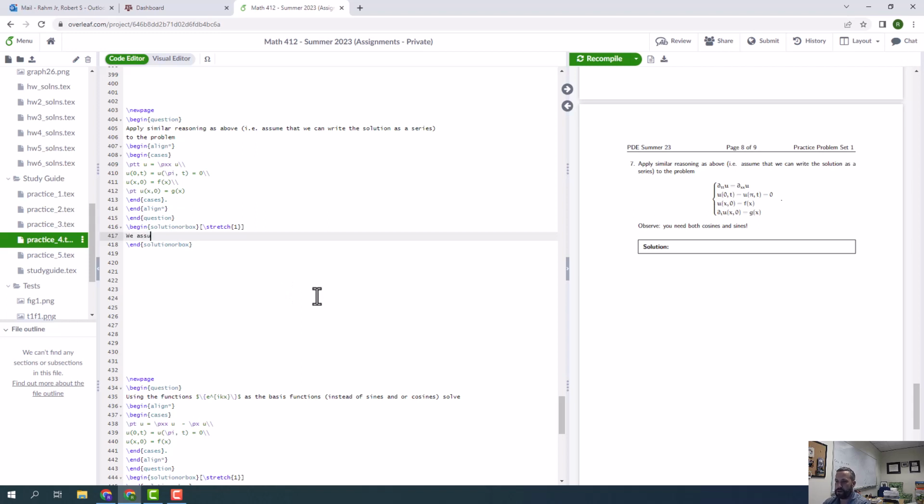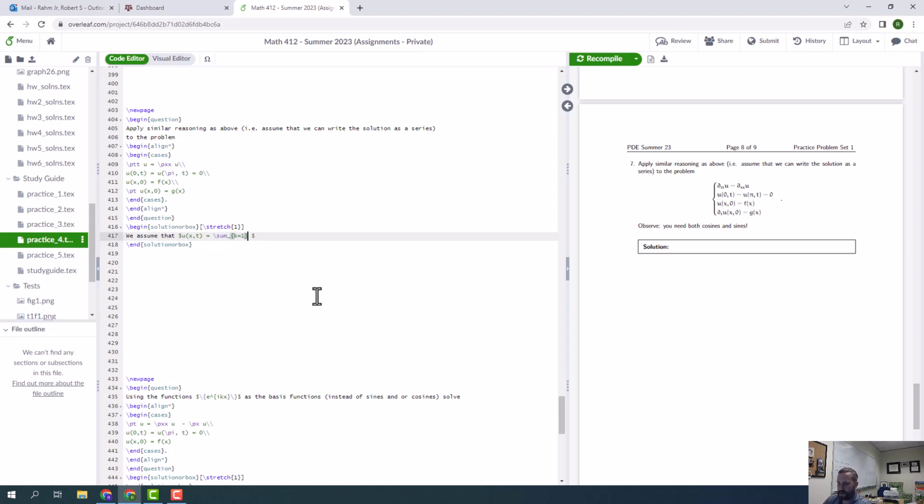So we assume that u of x, t can be written as a sum, and I'm just going to write k equals 1 to infinity.